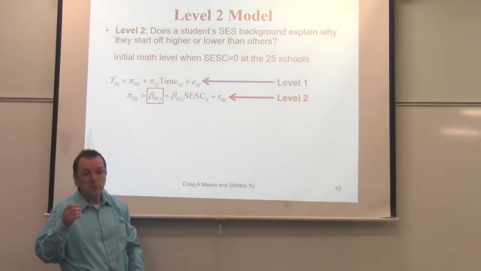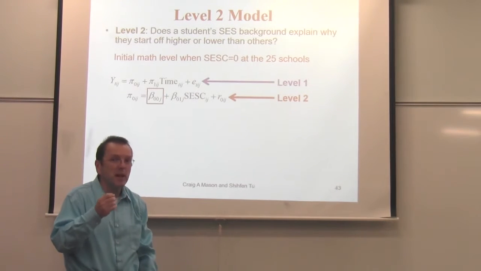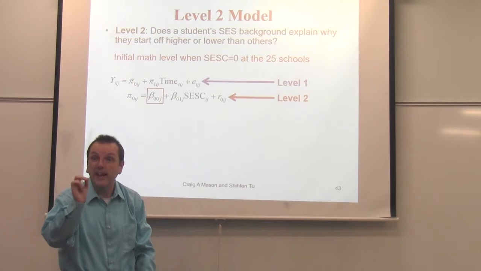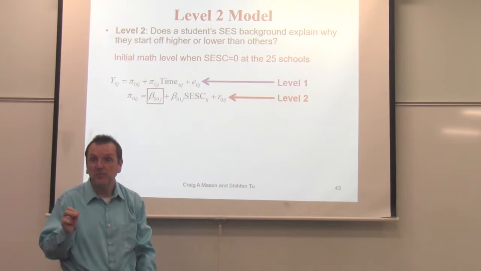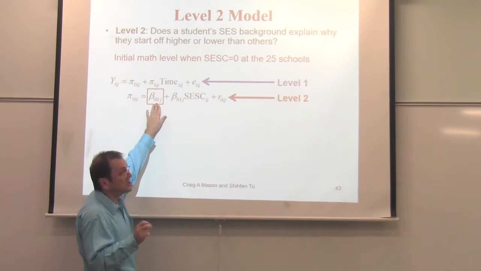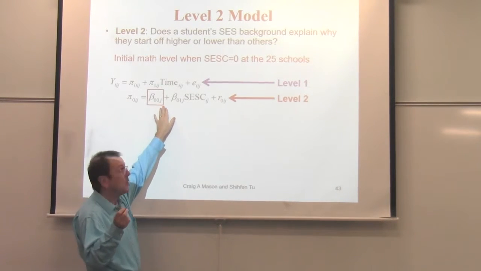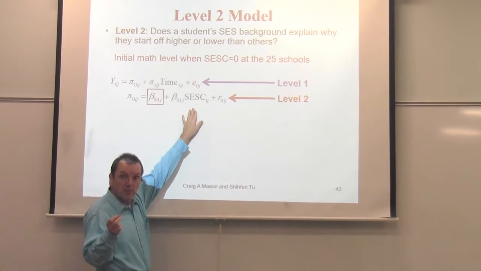But it's not the predicted baseline. It's specifically that initial baseline for a kid at the average income level. It's their predicted score at the start of the study when income is equal to 0.